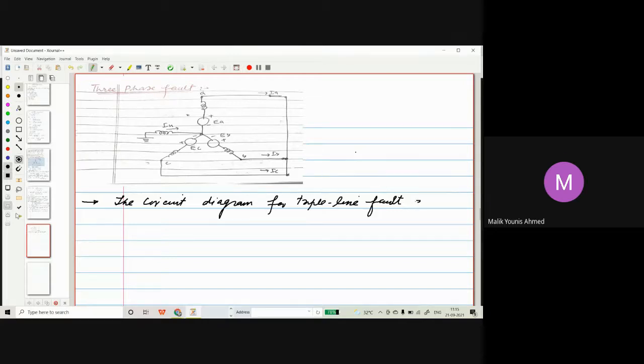On an unloaded alternator. The circuit diagram for the triple line fault on an unloaded alternator, Y connected, that is, a star connected generator, that too is impedance grounded, is shown in the figure above.